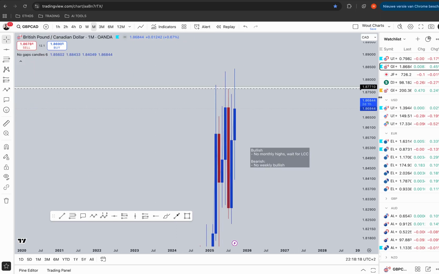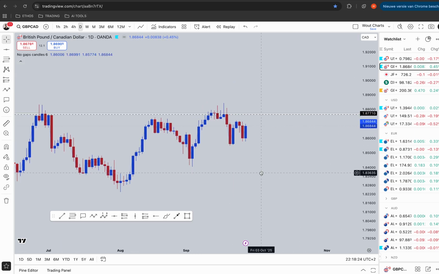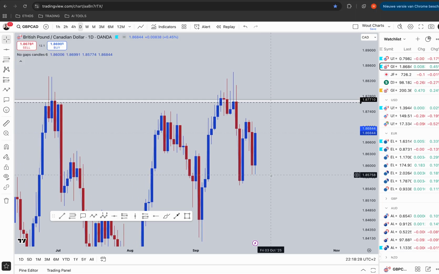So the next setup is GBP/CAD. For this one I will start with the daily, since I'm looking at a daily retrace setup where the weekly and the monthly mostly support my bias. So let's go to the daily.